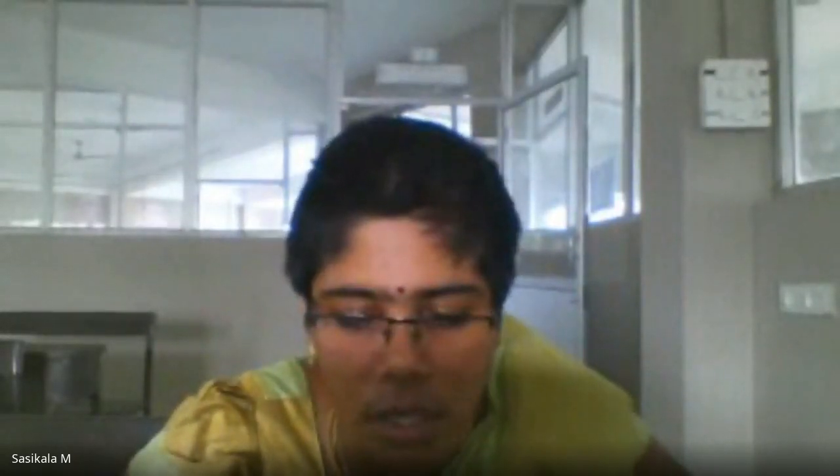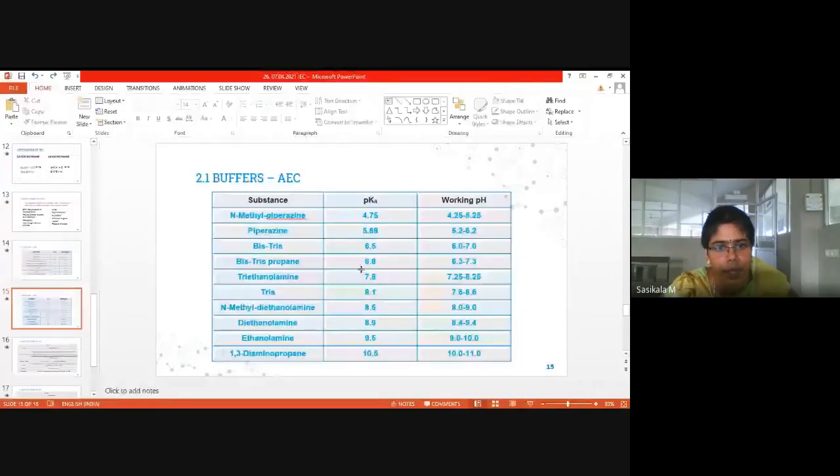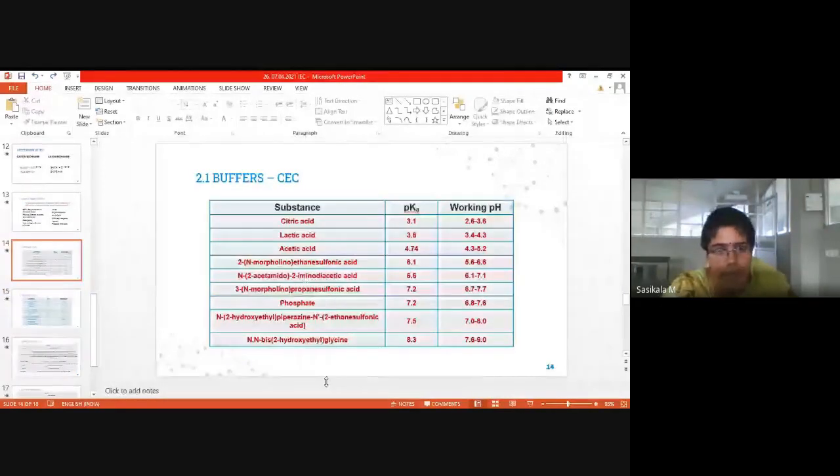So basic buffers of amines are used to elute anions. These are cation exchange buffers. Anion exchange buffers are basic buffers, so they will maintain basic pH, whereas cation exchange buffers are acidic buffers. They will maintain acidic pH.